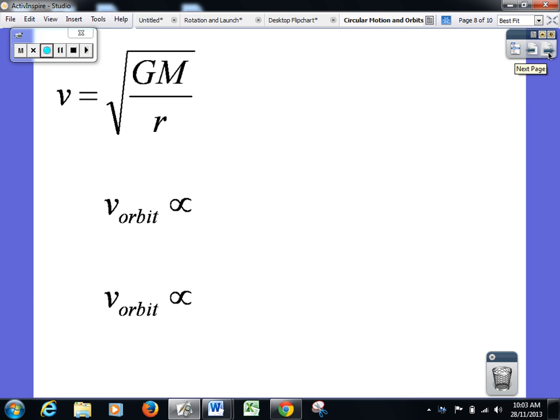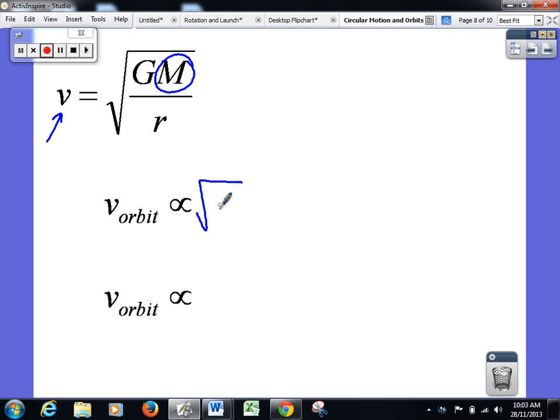So let's just have a look at what are the different conditions that create different orbital speeds. Remember, this is a velocity, it's a speed. And just depending on a few things, this will change. The first thing that it's proportional to is the mass of the central object, the object that you're orbiting about.